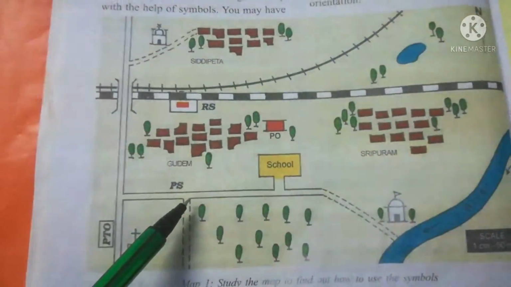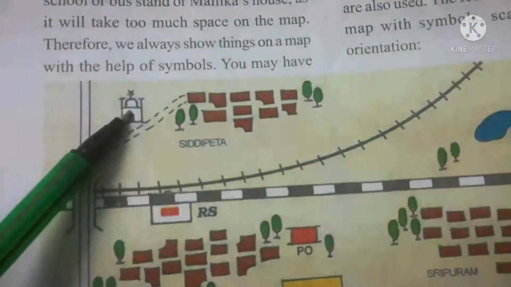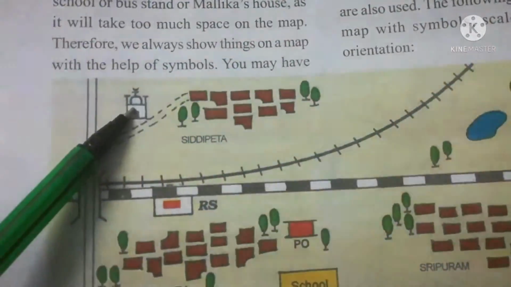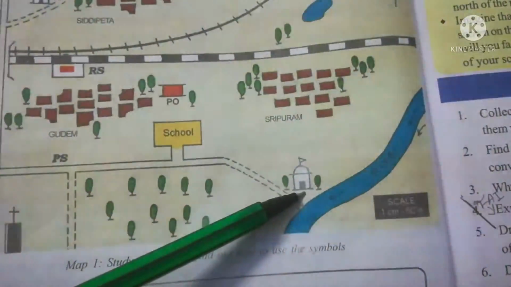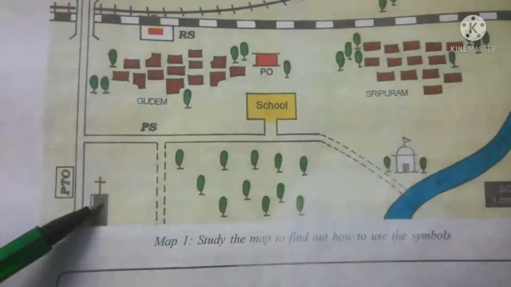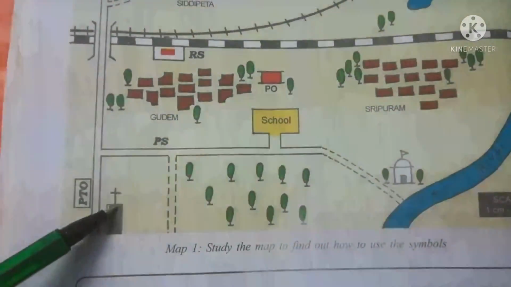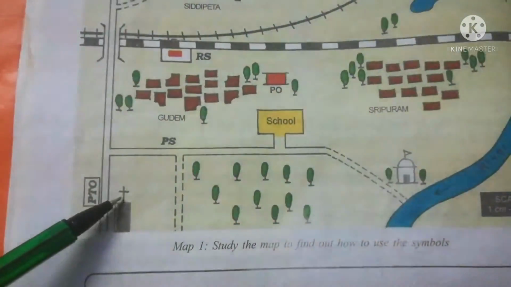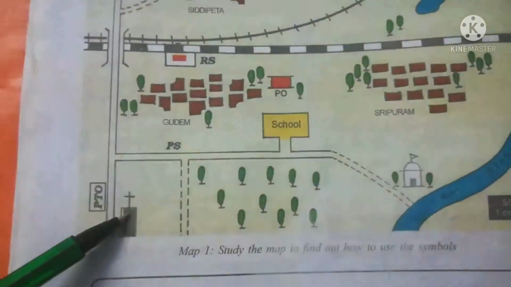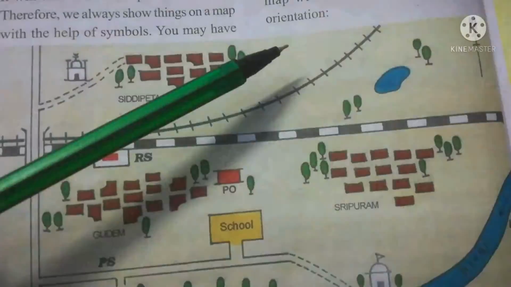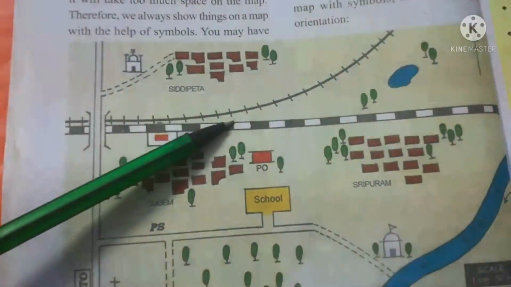And this is the symbol of a masjid, a mosque, and this is the symbol of a temple. And this is the symbol of a church. This symbol of church describes that a church is present on this map. This is the symbol of a railway.